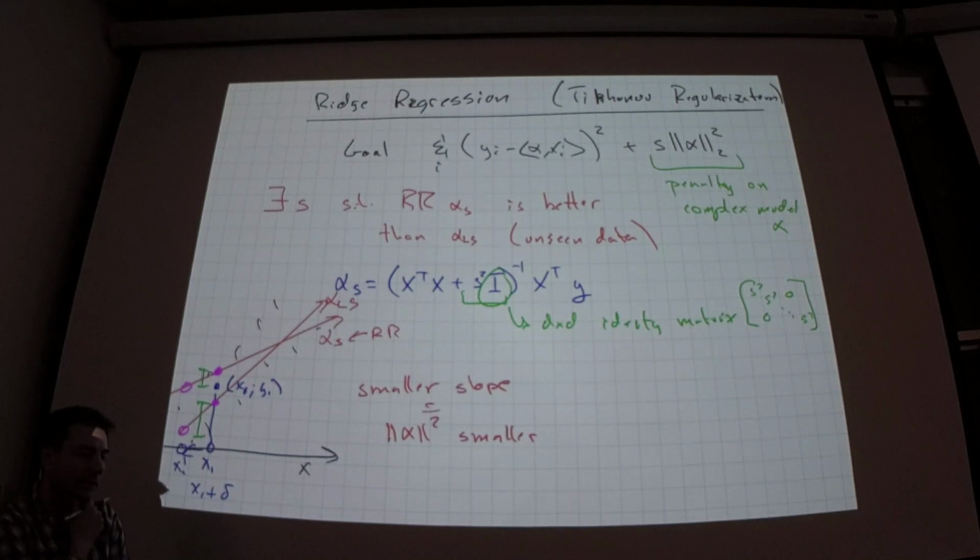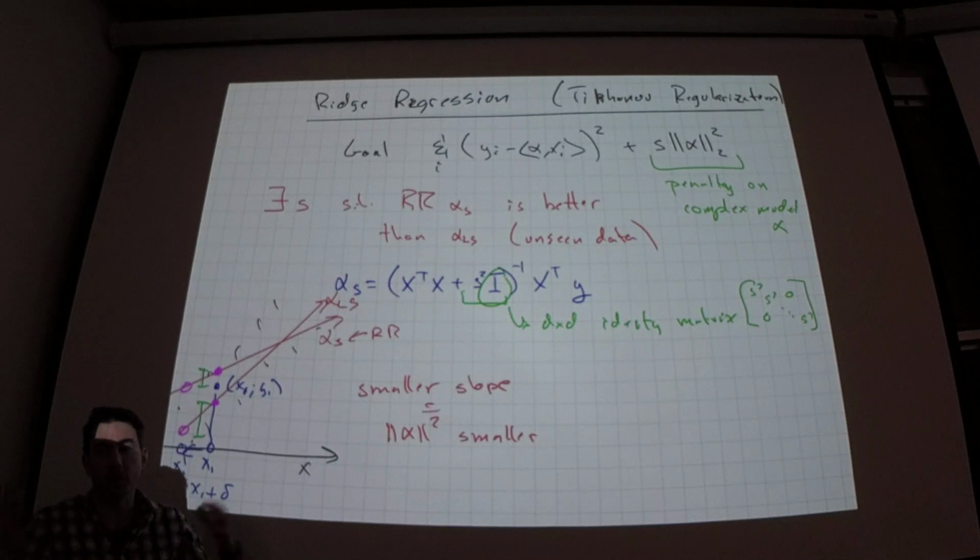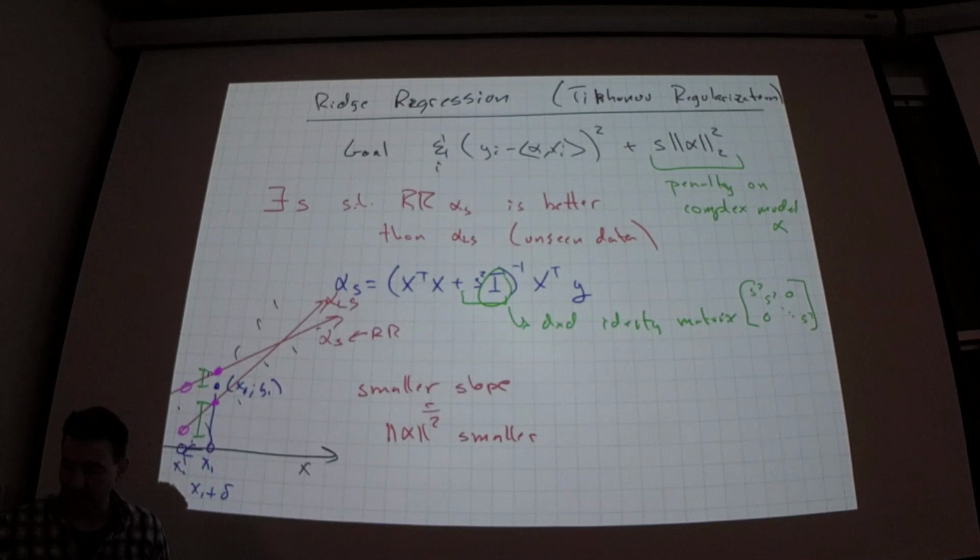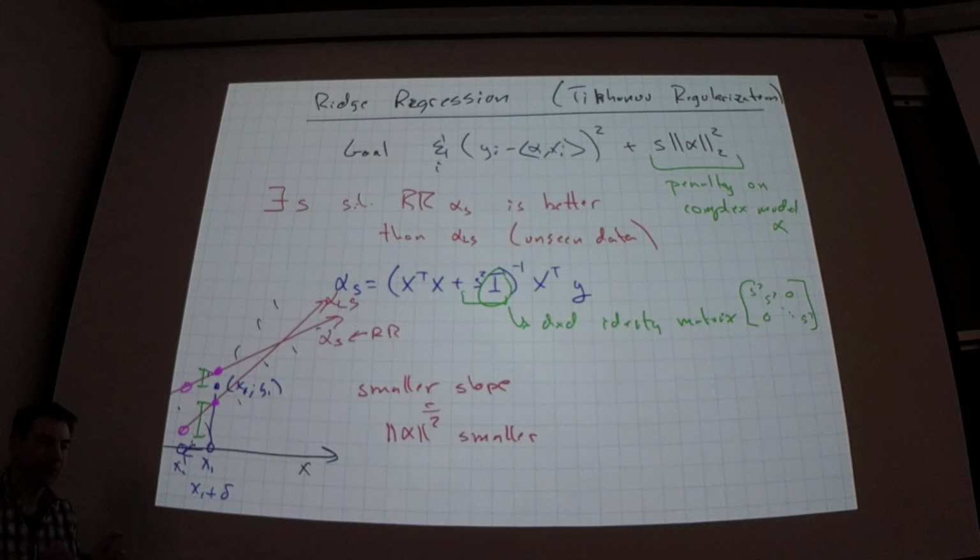So this is standard. In particular, with more complex models, what a larger slope would allow you to do is, I could have two variables which are correlated with each other, right? So if one increases, it corresponds to the other one also increasing.